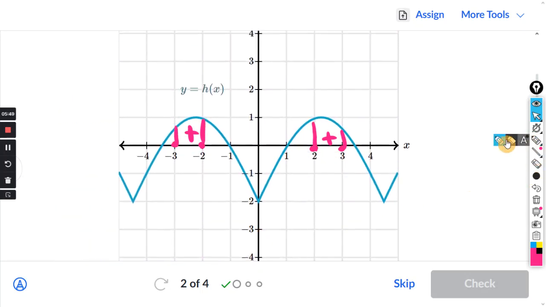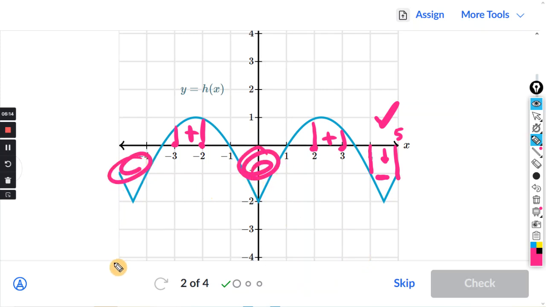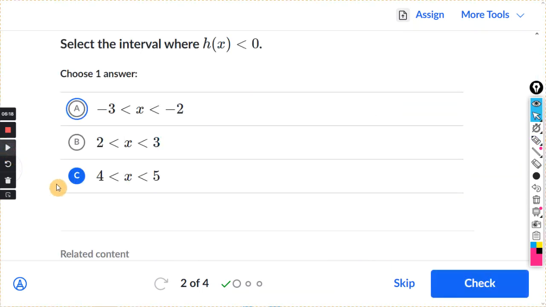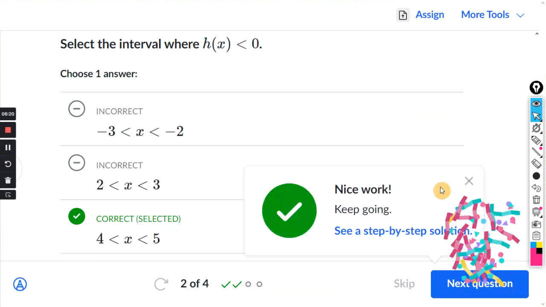Here's 4, here's 5. If you check the graph in this section, it is clearly below the x-axis. It's negative right in here. So this is the part of the graph that is less than 0, between 4 and 5. Of the choices, it's less than 0 here and there, but this was the only choice. Between 4 and 5.